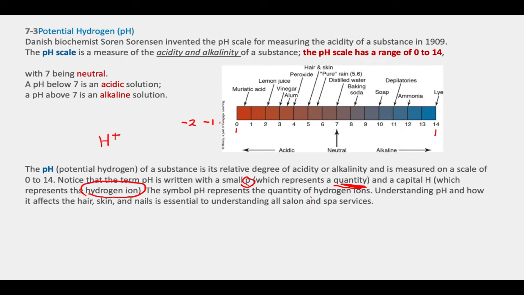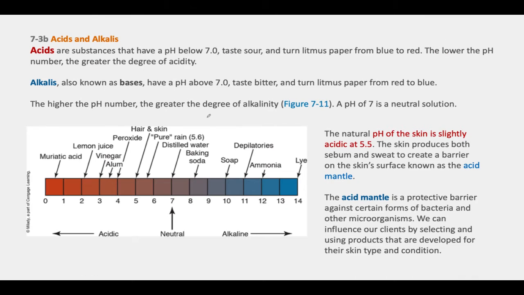Understanding pH and how it affects the hair, skin, and nails is essential to understanding all salon and spa services. It's important to look at that, and we'll see how this is utilized as an esthetician, what you will be looking at when you measure pH and the alkalinity and acidity of substances.